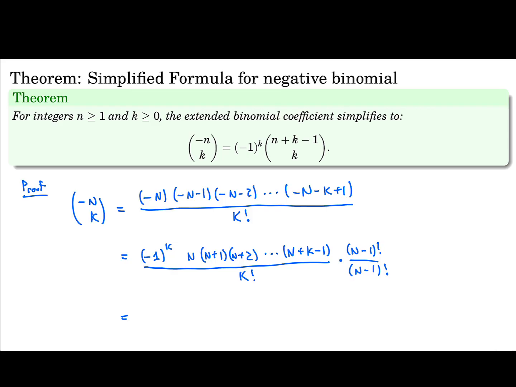So of course you have the minus 1 to the k, and this will be n plus k minus 1 factorial over k factorial times n minus 1 factorial. But this, of course, will be minus 1 to the k, and this over here is just going to be n plus k minus 1 choose k.